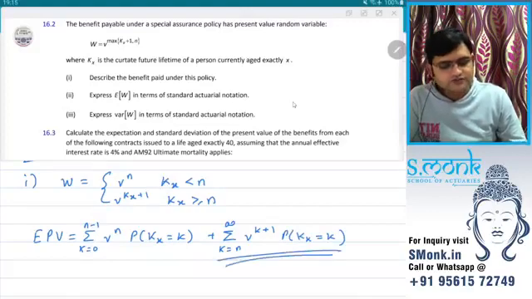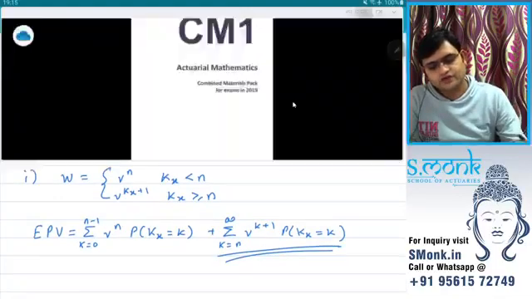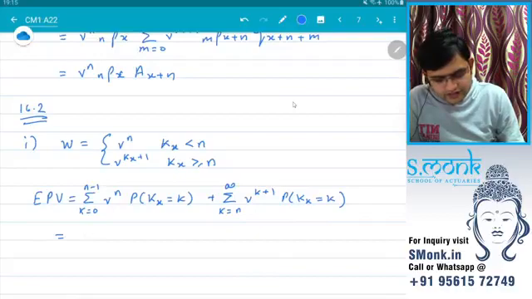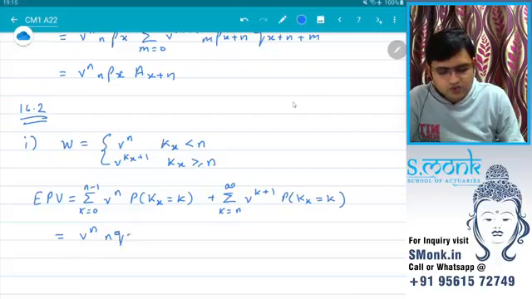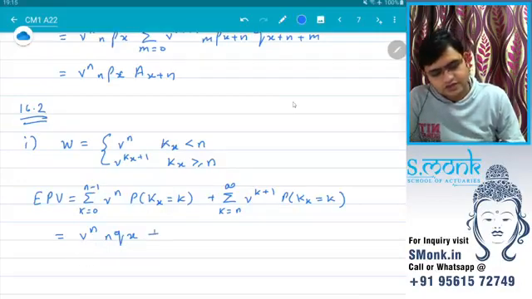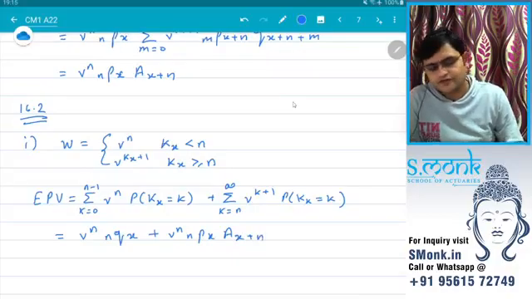Now this is our deferred whole life. Here we will have v raised to n, payment given at time n, and this would be, we have done this before, nothing but nqx. So anybody who dies within those n years, the payment would be given at time n. Then plus this is just deferred, so v raised to n npx ax plus n, deferred whole life.